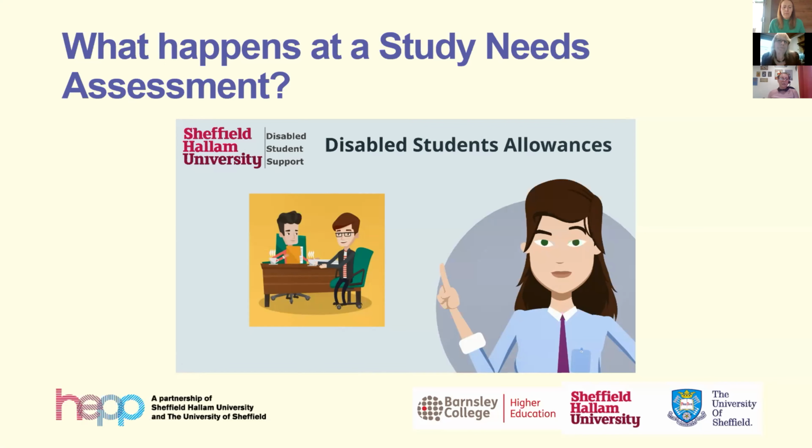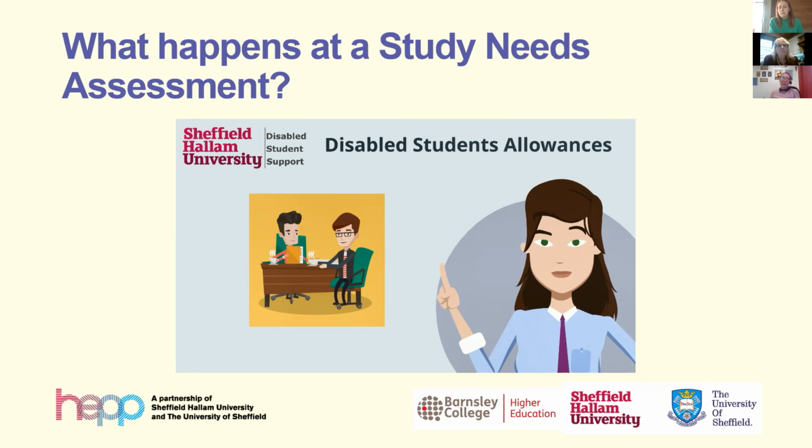I mean, Jackie has already talked through what the needs assessment does and what it's about. So it's an informal chat with an assessor to talk about what support you want to have when you're at university.